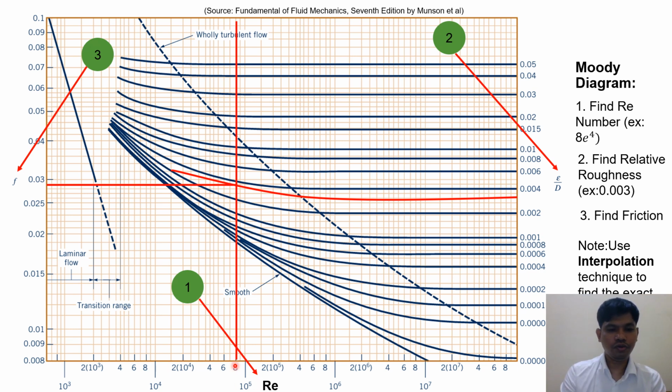Also, sometimes the Reynolds number is not 80 or 60 thousand, maybe it is just like 63,000, maybe 62, so it will be here. So you need to interpolate to find the exact position of the line. Also in this case, you need to interpolate to know the exact value of the friction factor. It's between 0.03 and 0.025.